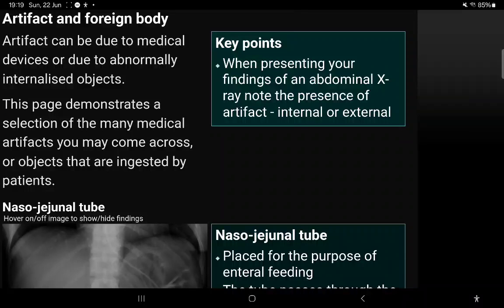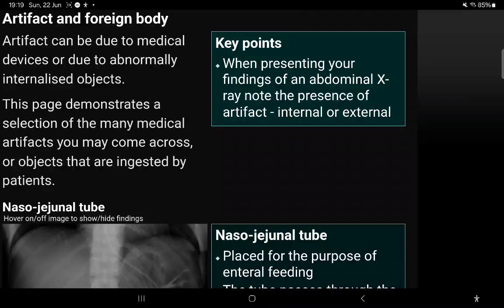Key points here: when presenting your findings of an abdominal X-ray, note the presence of artifact, internal or external, because it can be misunderstood or mistaken for a foreign body. Artifact can be due to medical devices or due to abnormally internalized objects.